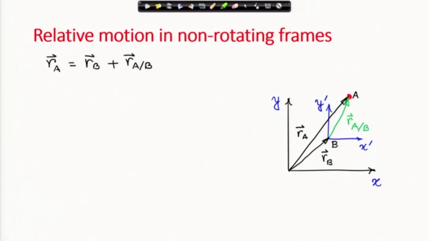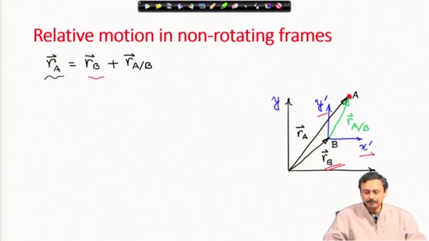I can describe a point A in the fixed frame xy, which I have done here on the left hand side. I can also define where the x prime y prime frame is located, which is indicated by this vector R_B. This is the position vector of the origin of the frame x prime y prime.